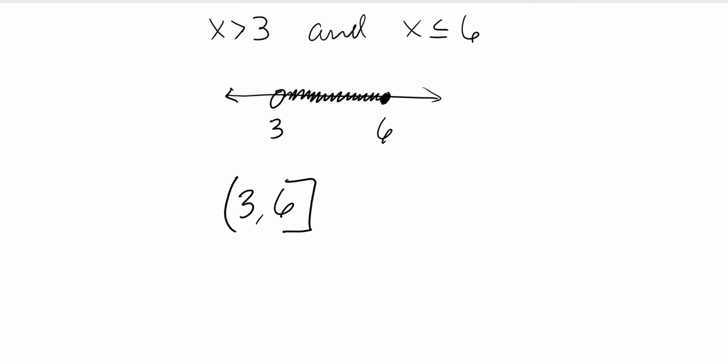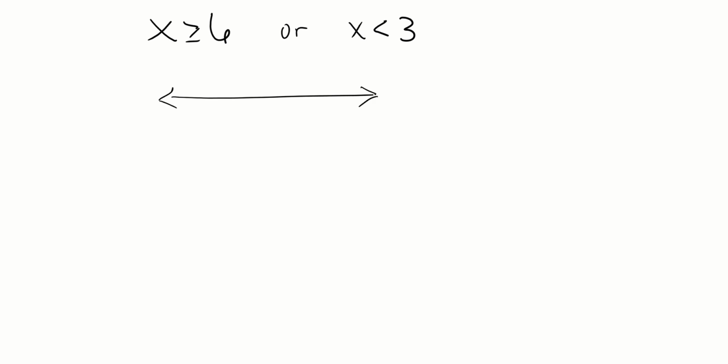All right, one more. Let's say x is greater than or equal to 6, or x is less than 3. So if we draw this on the number line, x is less than 3, so I'm going to put an open circle there. x is greater than or equal to 6, so I'm going to put in a filled in circle for 6.